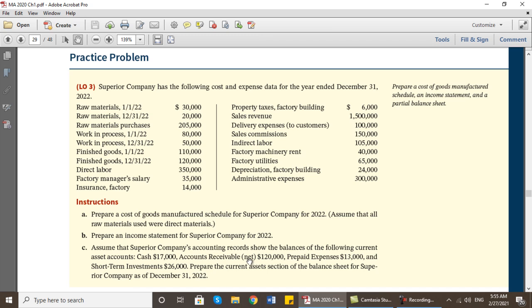As you see, the word net means the balance after deducting allowance for doubtful accounts, prepaid expenses, and short-term investments. Prepare the current assets section of the balance sheet for the company as of December 31, 2022.